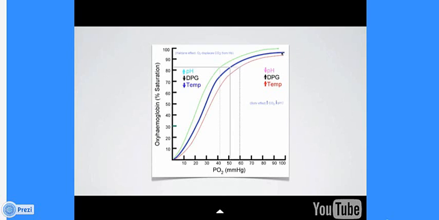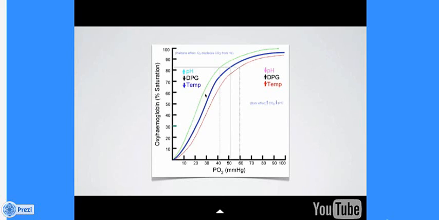Also, as you come in this direction, as the pressure of oxygen decreases and oxygen starts to leave, here it's leaving slowly, but as they start to leave more, it's dropping down faster and faster and faster until all of the oxygen is gone.